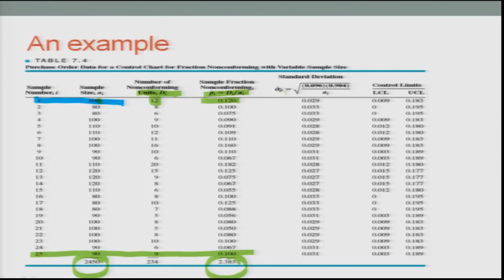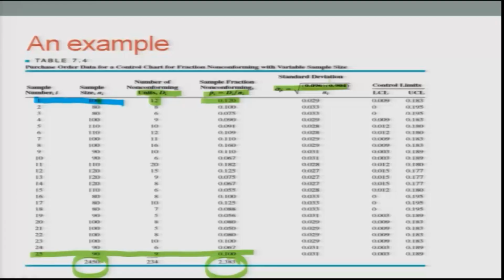Now, from this you find out the standard deviation, where sigma hat squared is basically the variance or the standard error squared. So, if you want to find out the standard error or standard deviation, you need to find the square root of the variance. Now, if you are thinking about where this value is coming from, it would basically be calculated from here.